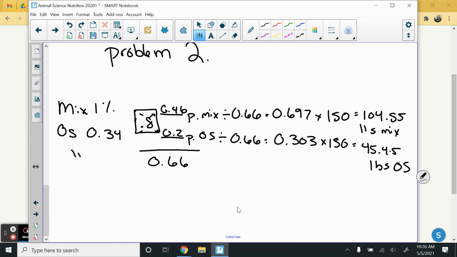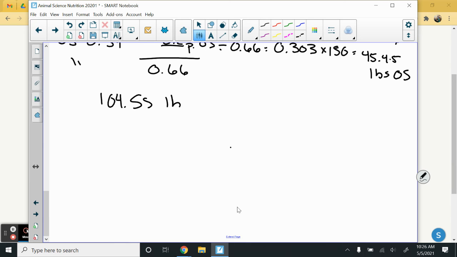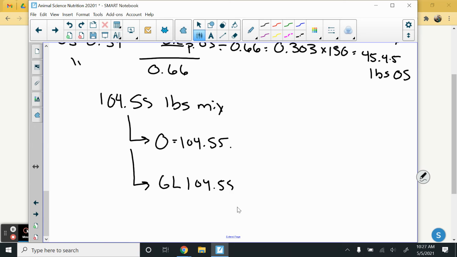I'm now going to take that 104.55 pounds of mix. I'm going to break it down into my oats and my ground limestone. I multiply by those same numbers, so I'm going to take the 104.55 and I'm going to multiply for oats by that same 0.972 and 0.028.